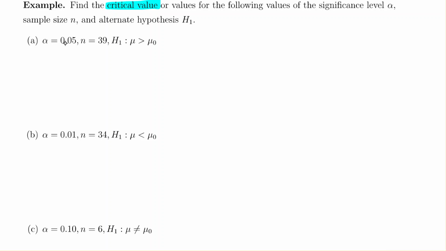So in this one, our alpha is 0.05, n is 39, H1 is that mu should be greater than mu naught. From this, I immediately need to write down that this is right-tailed because that will impact how I draw what's going on. So for my right-tailed graph, I draw my normal distribution, and I want to know what is this critical value here that I'll then judge my test statistic based off of.